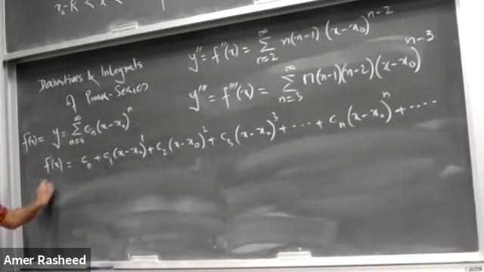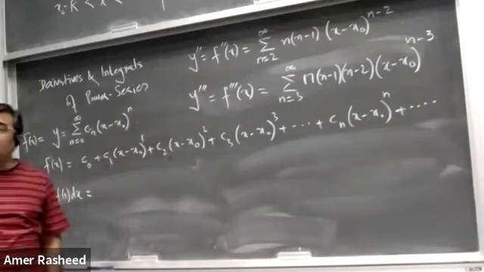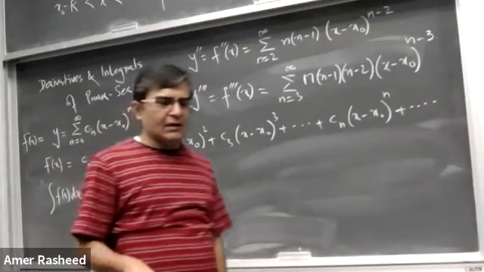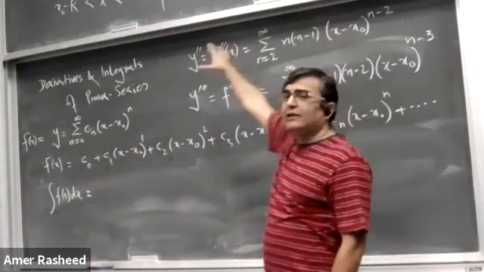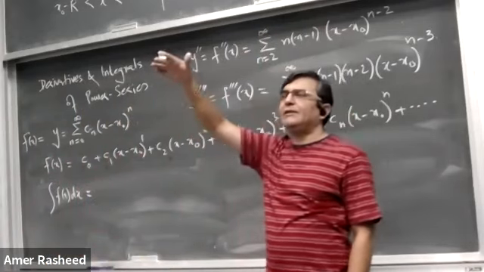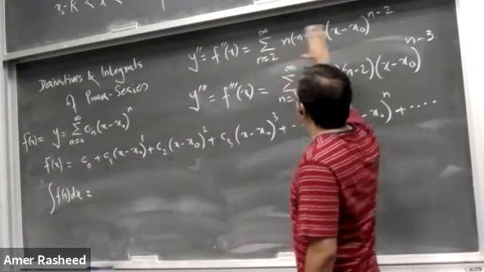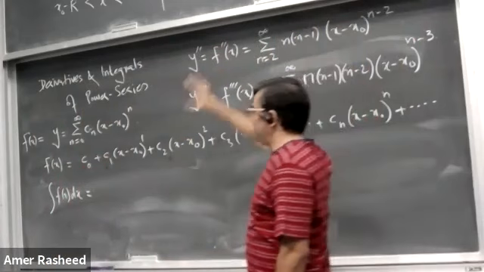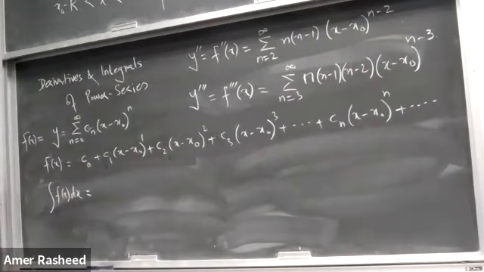Now, we need to integrate f of x dx, and we have to integrate it term by term. The differentiation of a power series is also called term by term differentiation. We differentiate each term of the power series. And similarly, while integrating a power series, we do integration term by term.